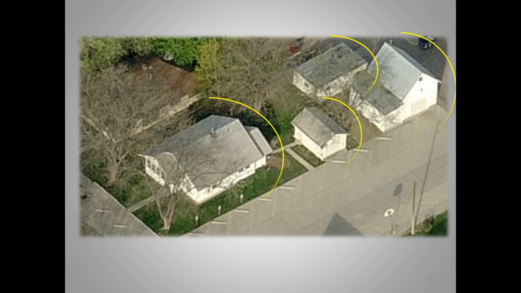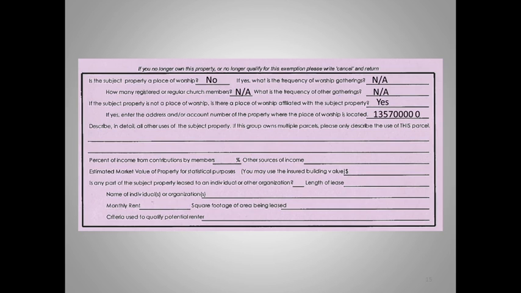And here again we have multiple buildings and each one needs to be used for religious purposes to qualify for the exemption. It can't just be sitting there and not being used for anything, and it can't be used for the benefit of a person individually, even if they are a church member or a church employee. So the first part of these questions are going to be answered just the same as the parking lot.